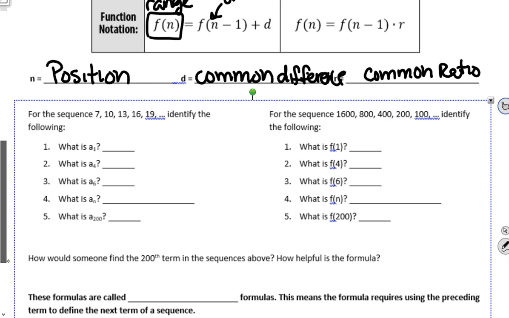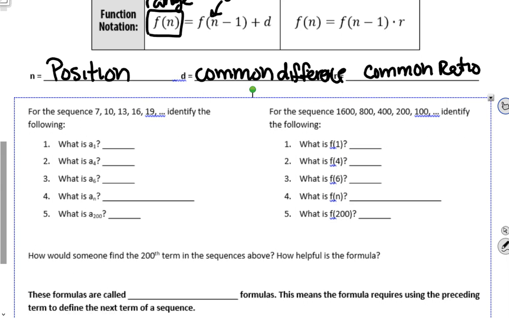Okay, so in my examples here, it says for the sequence 7, 10, 13, 16, 19, identify the following. What is A1? The number in the first position. That is 7. A4 tells me this term is in the fourth position: 1, 2, 3, 4 is 16.